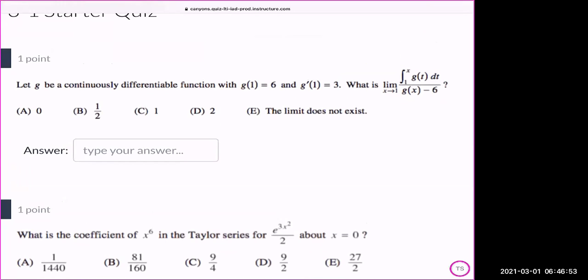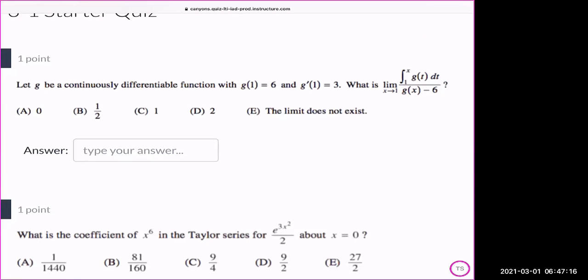Because this would be the antiderivative of g of x minus 6, yes? The top? No, you mean when we're just plugging in, taking the limit to figure out the 0 over 0? No, because if you're plugging in 1 for x, you're integrating something from 1 to 1. It doesn't matter what this is. If the lower bound equals the upper bound, that's why it's 0.